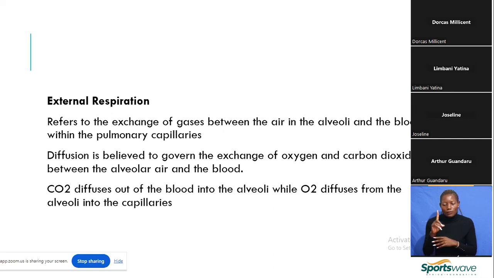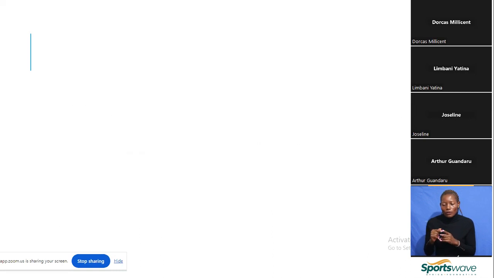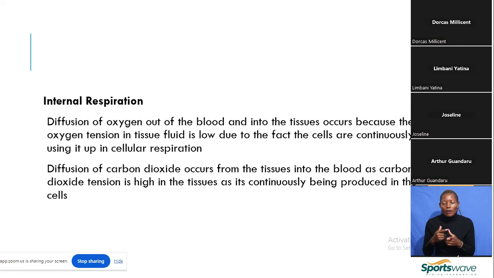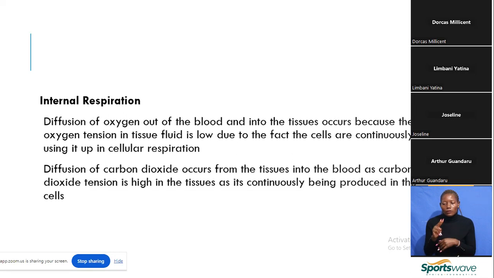Where you have a higher concentration of a gas moving to a lower concentration. Then again, what you need to note is that internal respiration takes place now at the tissues, again by diffusion. So the two gaseous exchange sites in the body are the lungs and the tissues.